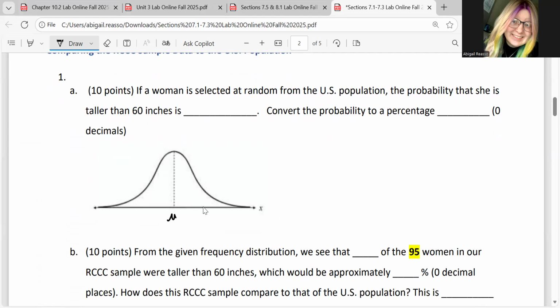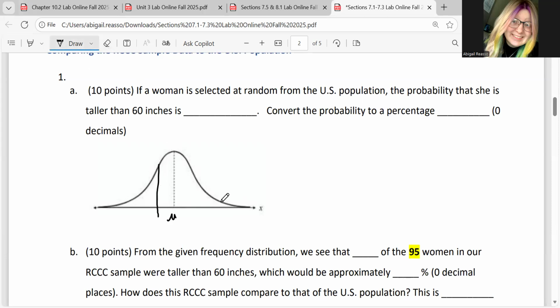For example, I know this says 60 here, so that might fall below your mean. If you're looking for taller than, you might be shading to the right. Less than, you might be shading to the left. Just be sure to read whatever your problem says because it could be very different. Now that's just an example.